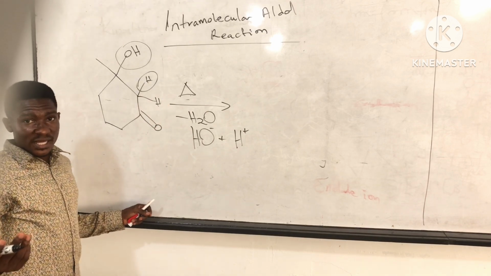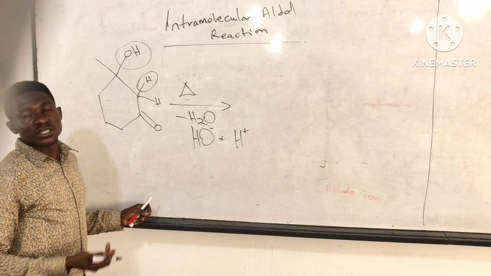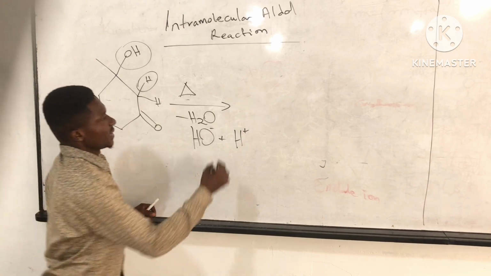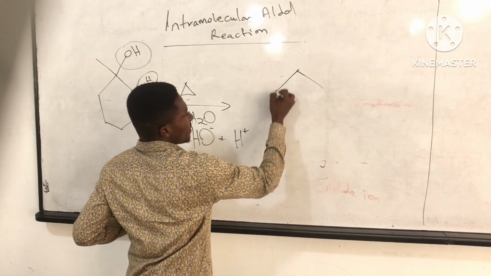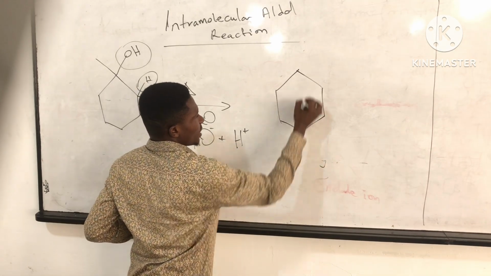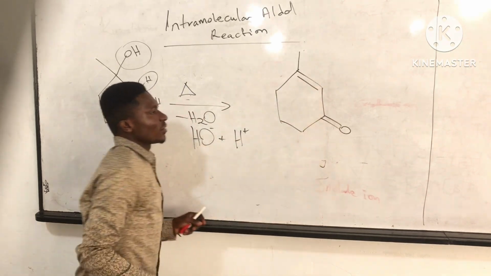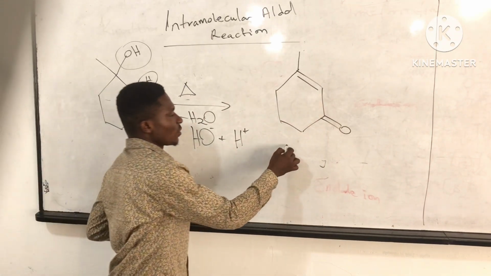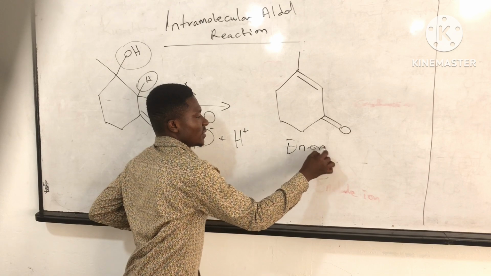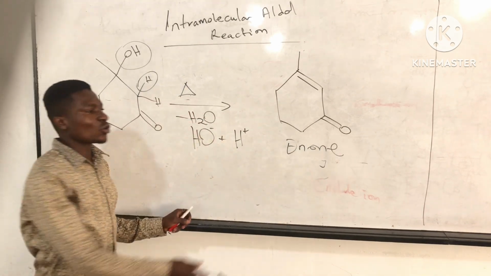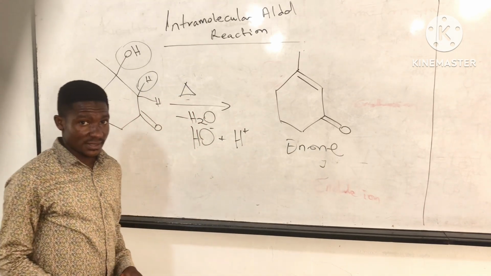Once we do that, we end up establishing a double bond within the system. Our final product will look like this, and this is what we call the enone molecule. This is our aldol condensation product.